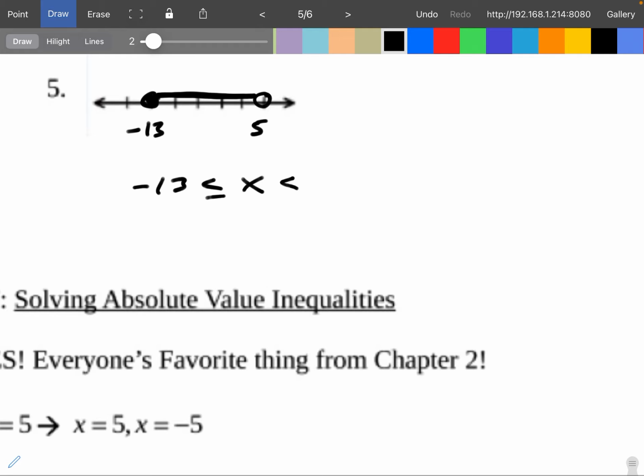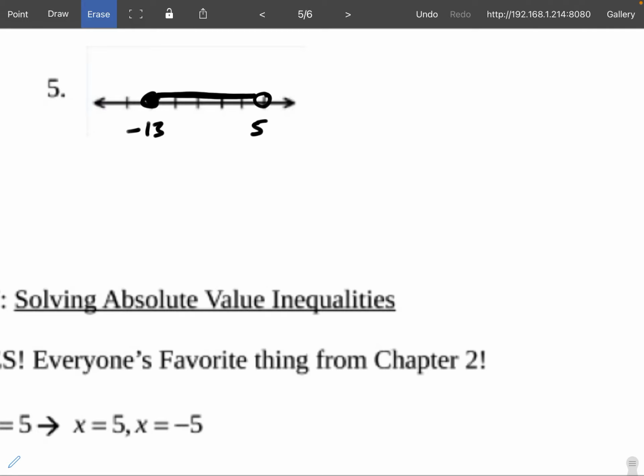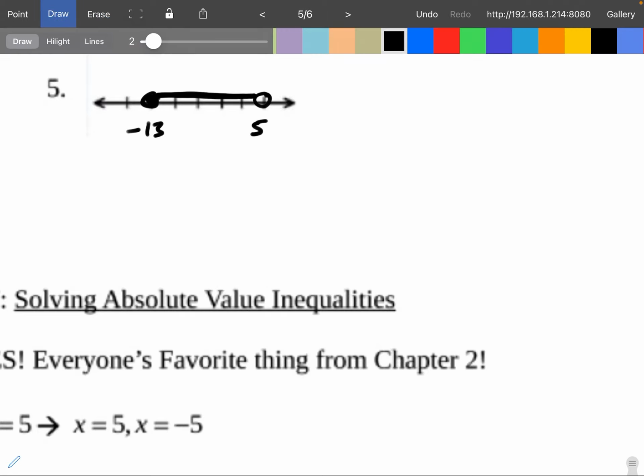Anybody want to take a shot at it? What do I write? Rachel, what do I write? Negative 13 less than or equal to x, which is less than 5. Good. That's it. That was perfect. Now, did you see how she did that?